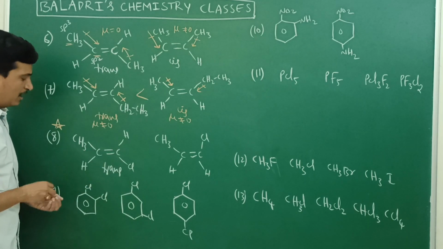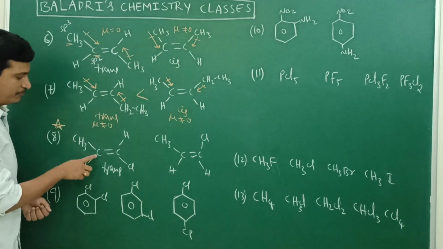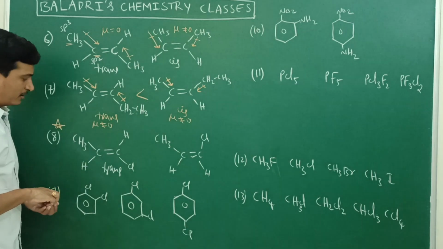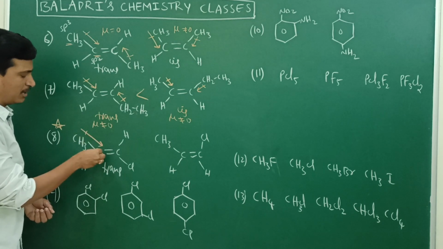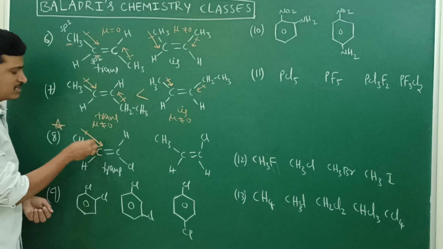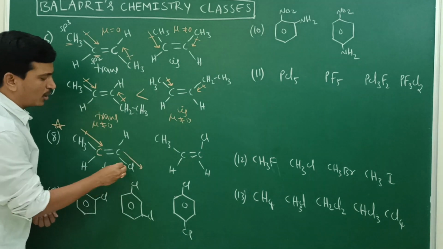Now you can see here, between this methyl group, an sp3 carbon, and this sp2 carbon, the dipole moment vector will be towards the more electronegative carbon side. Now between carbon and chlorine also, which is more electronegative? Chlorine is more electronegative.